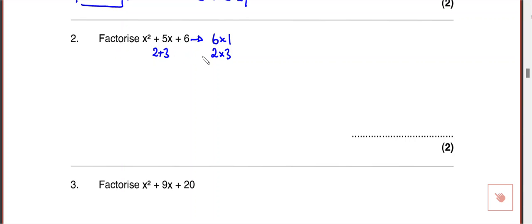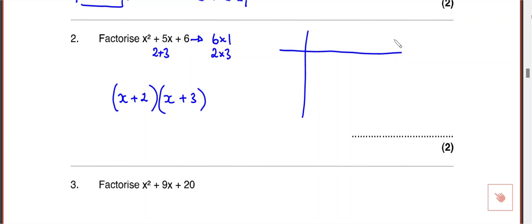And they're both positive numbers, so therefore you must have x plus 2, because it's positive, times x plus 3, because it's positive. Yeah, so remember, when you're filling the grid in, you're filling this side in first.